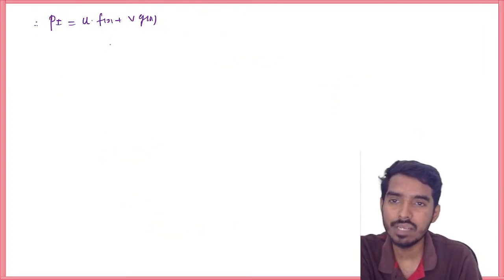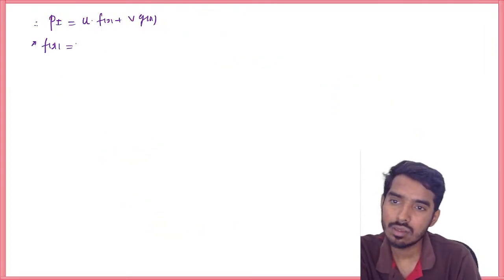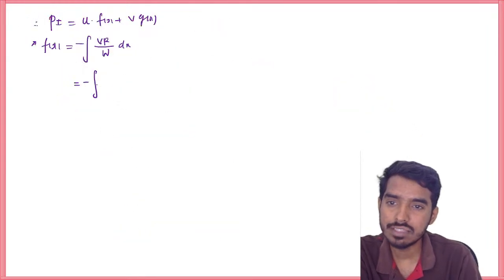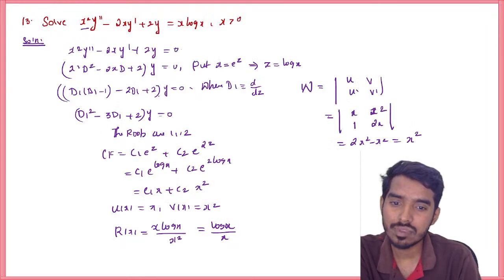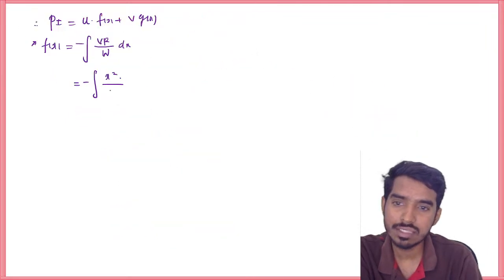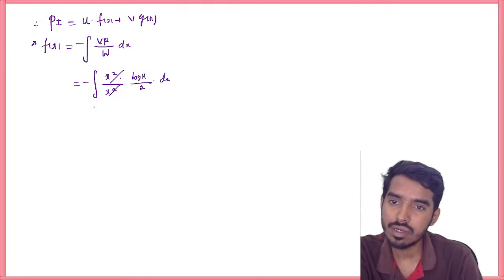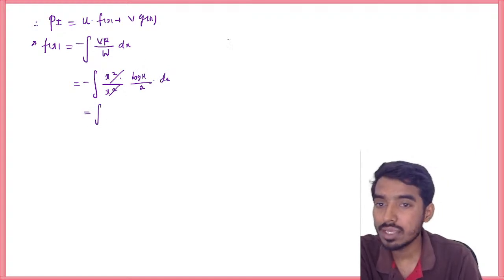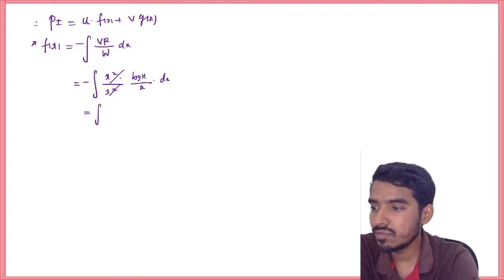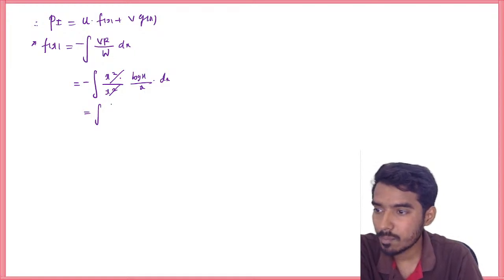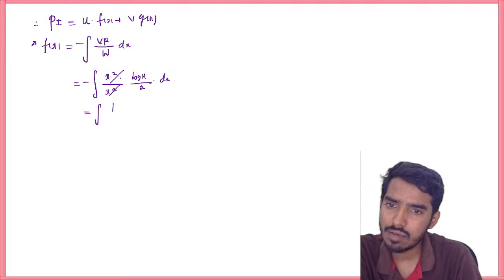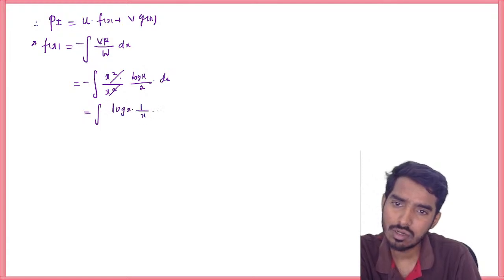Therefore, we find f of x and g of x. We already know u and v. What is f of x? It is the integration of v R divided by W, with minus sign. v is x², R is log x by x, W is x². So x² and x² get cancelled, and we have the integration of log x times 1 by x.